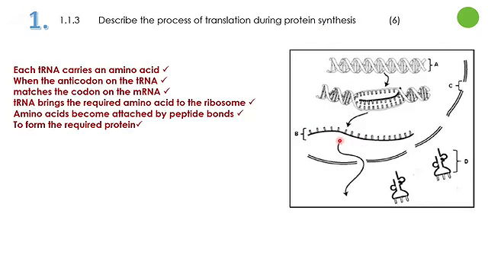We're going to start off with the first step, which is that a tRNA transfers. Remember, its job is to transfer something. What is it transferring? It's taking amino acids which are floating around in the cytoplasm, and picking them up. So the anticodon on the tRNA will be specific for a particular amino acid.